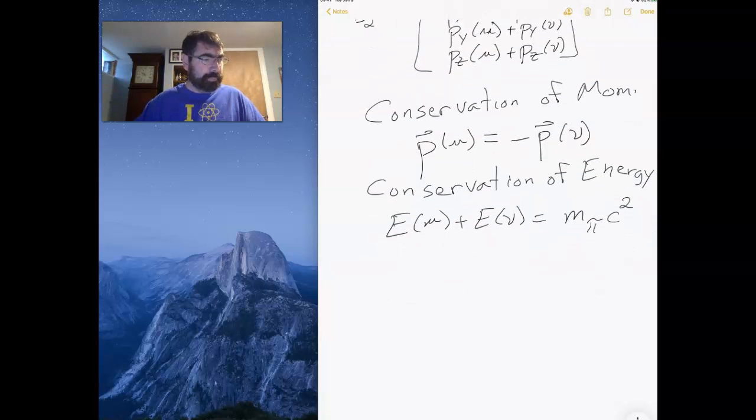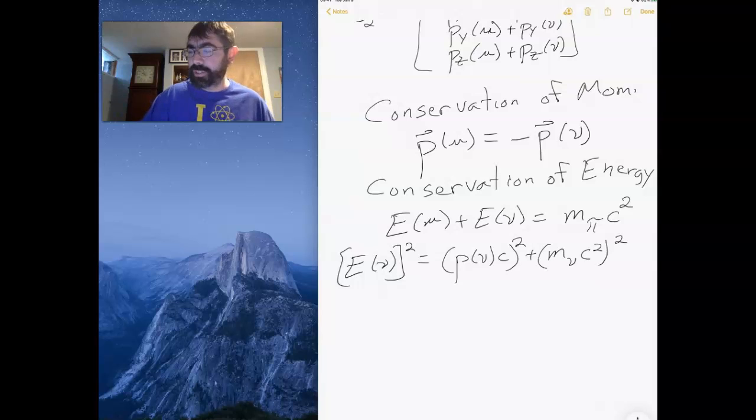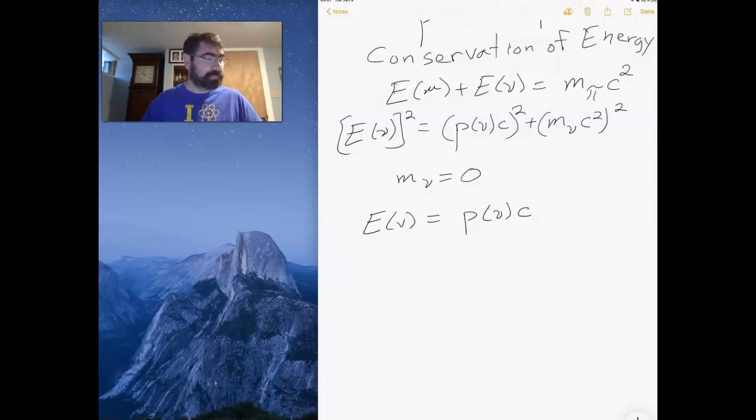Okay, now let's say the neutrino's total energy squared is its momentum times c squared plus its mass times c squared quantity squared. But it turns out the neutrino has a really, really small mass. It's like 1,000,000 times smaller than something like the muon. So we're going to assume that the neutrino has 0 mass, which means that the total energy of the neutrino is just the momentum of the neutrino times the speed of light.